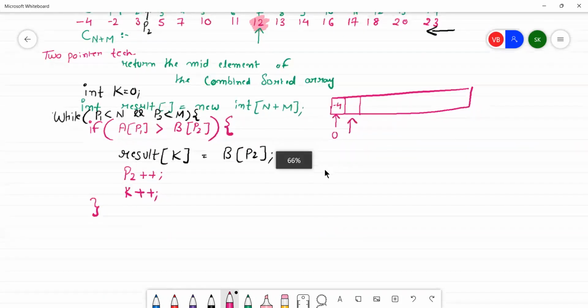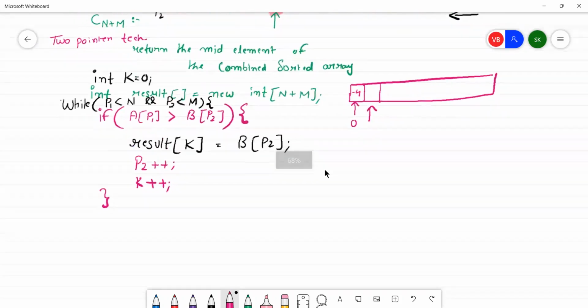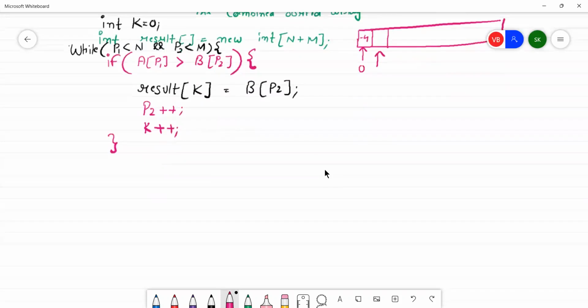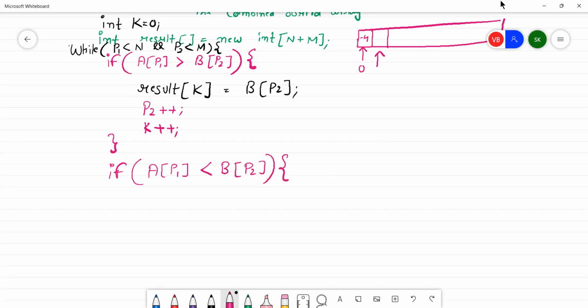Okay, that's great. Now the next step can be, there can be chances that your A of P1 can be smaller. That is, I can write here A of P1 is smaller than B of P2. Yes or no? Yes.